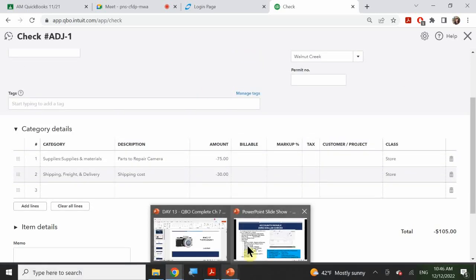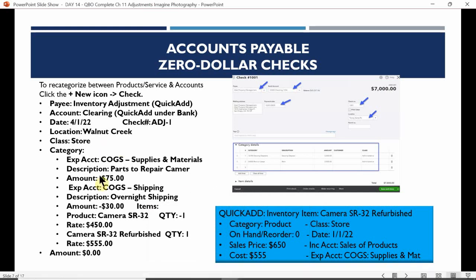And what I'm going to do now is, those are the extra costs, right? So now I need to go ahead and put in my products and services. And I'm going to take that SR32 camera, one of them, minus one of them, for that $450. And then I'm going to put it into the SR32 refurbished.